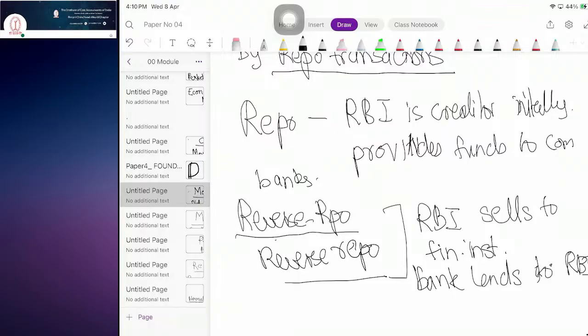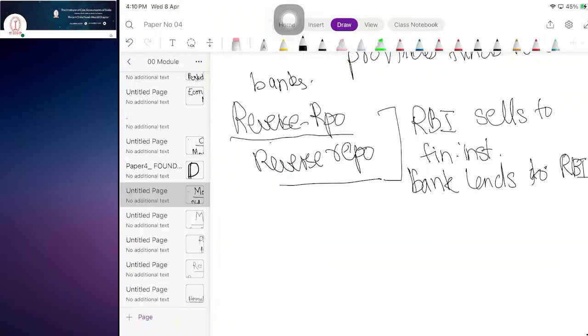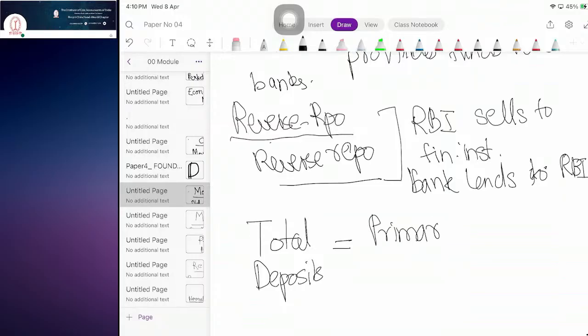Okay, solve problem number 16. Given the reserve ratio of 20%, an initial deposit of 1000 in the banking system would create a secondary deposit of what? Here there is a little bit of a trick and working. Write this: total deposits equals primary deposit plus secondary deposit.